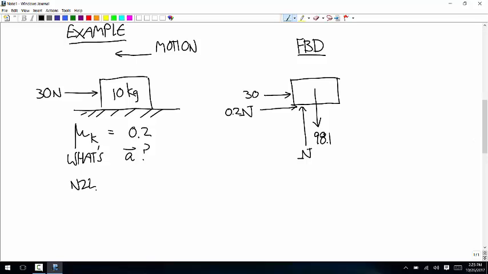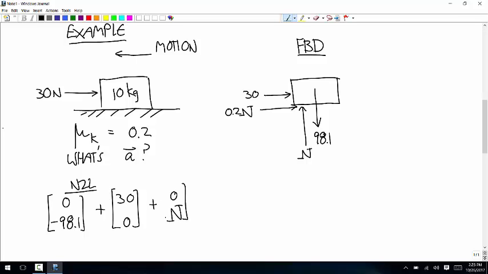And now Newton's second law says 0, negative 98.1, plus 30, 0, plus 0, N, plus 0.2N, 0, is equal to the mass times the acceleration vector.